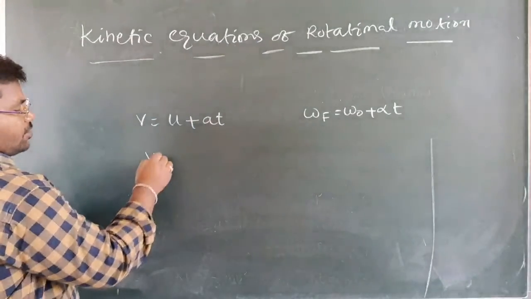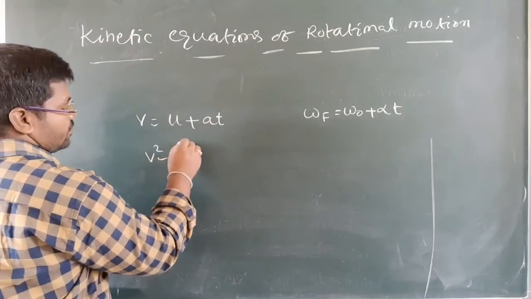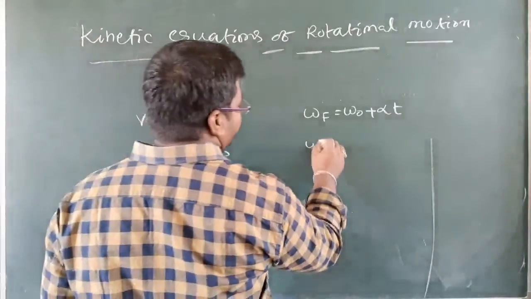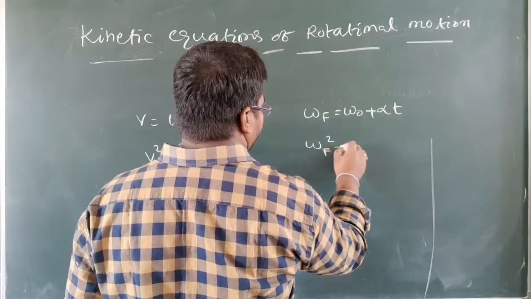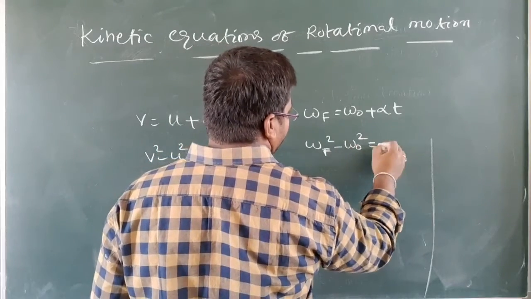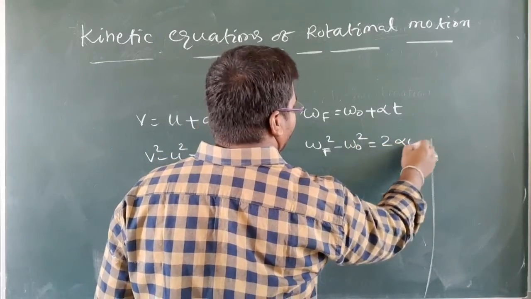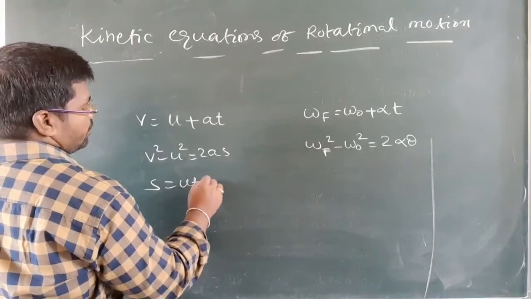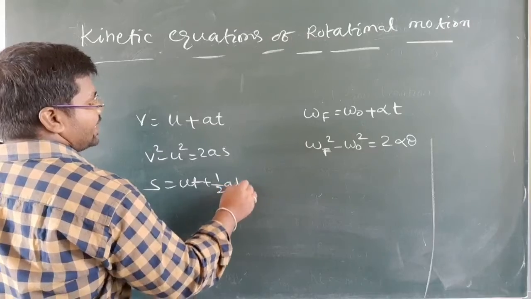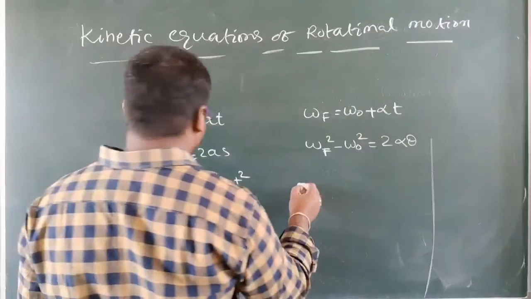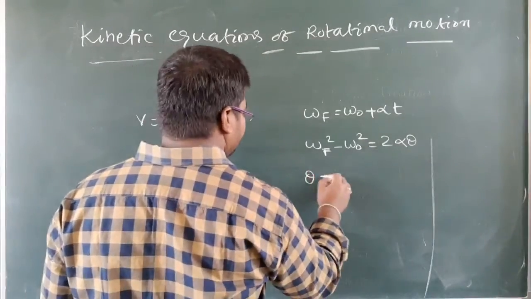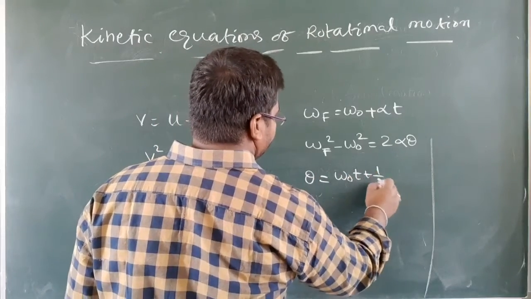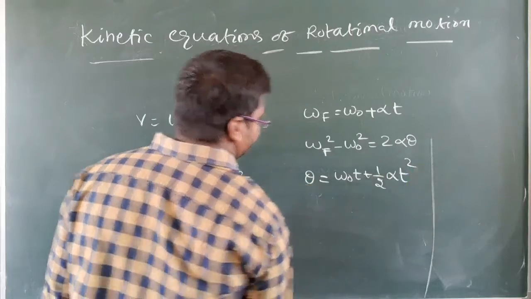Then v square minus u square is equal to 2as. Omega f whole square minus omega naught square is equal to 2 into alpha into theta. Next, s is equal to ut plus 1 by 2 at square. Then theta is equal to omega naught t plus 1 by 2 alpha into t square.